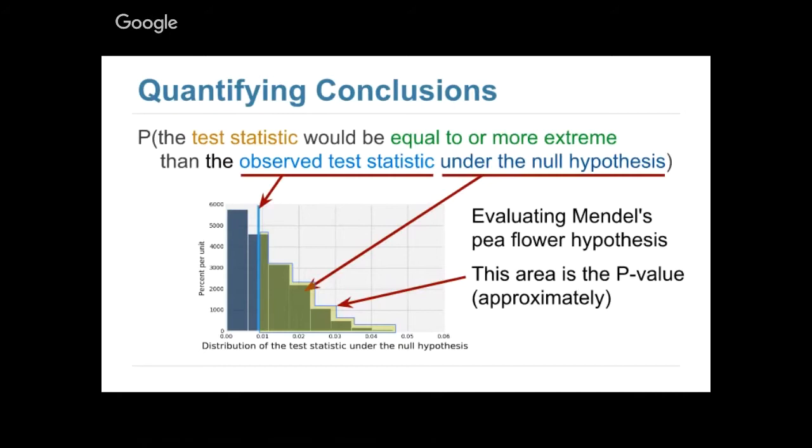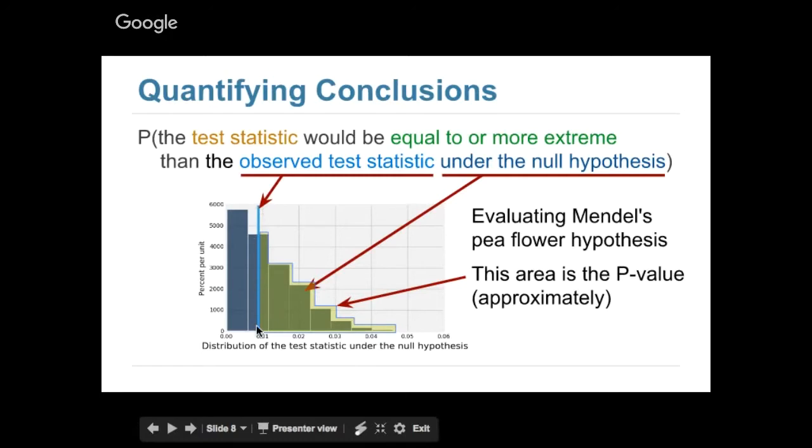So we said, okay, if the world was actually 3-to-1 purple to white flowers, how far away will we get from 75%? It looks like most of the time we're pretty close to 75% purple. Sometimes we're 76% purple. Sometimes we're 77% or 73%. And what we did here is we said, okay, here's what we think the world would look like if the actual ratio is 3-to-1.